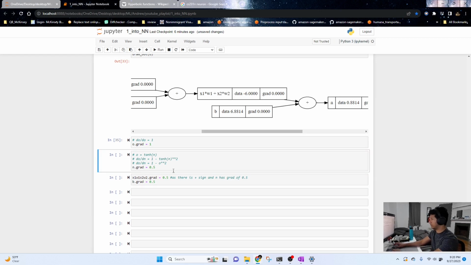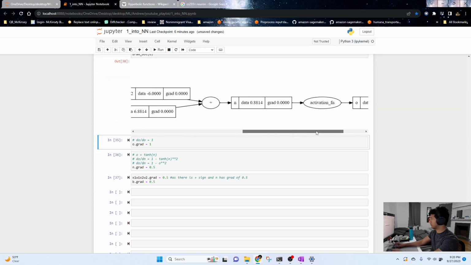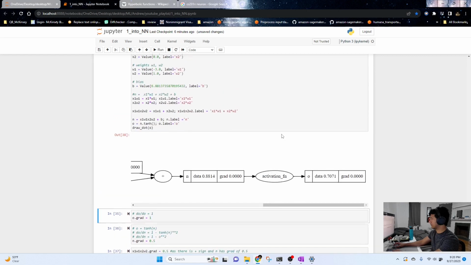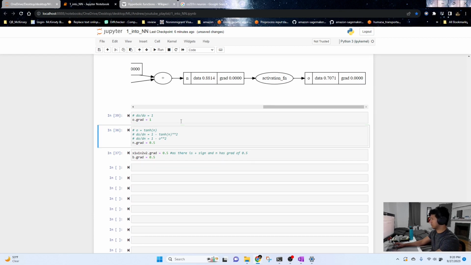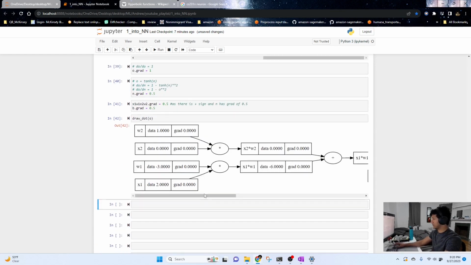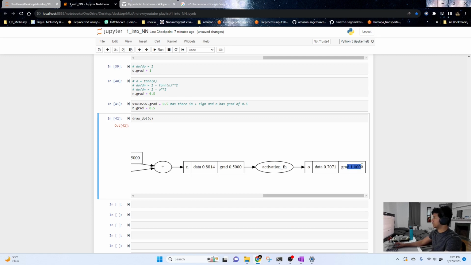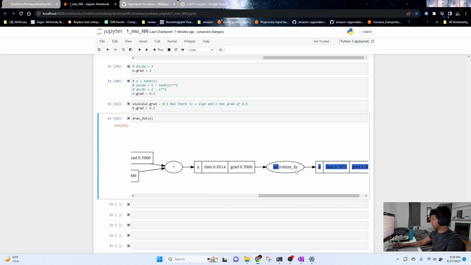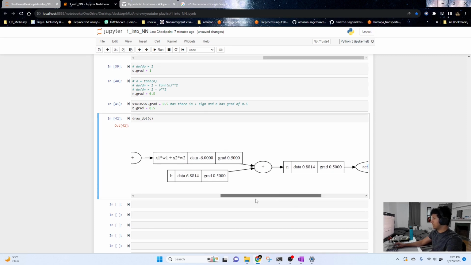So let me stop here and execute this so that we can see how far we came along. We can see the gradient of O by O is 1, the gradient of O with respect to n, where our activation function is tanh, is 0.5. And then we have the gradients coming a layer back because of the positive symbol.